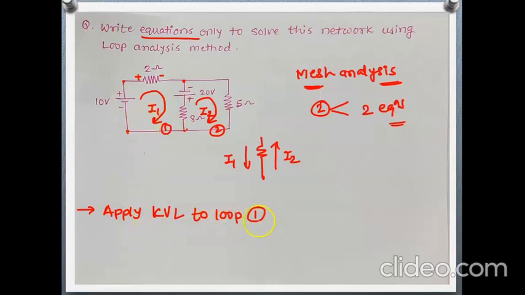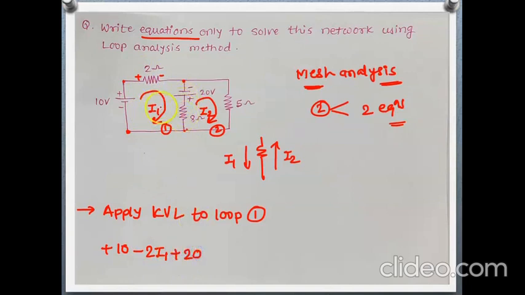So we will write the KVL equation for loop 1. Suppose we start from this point, minus to plus, so plus 10, then plus to minus, the voltage across this 2 ohm will be 2 times the current flowing through that resistance, that is minus 2 I1. Then minus to plus, so it will be a potential rise, so plus 20.